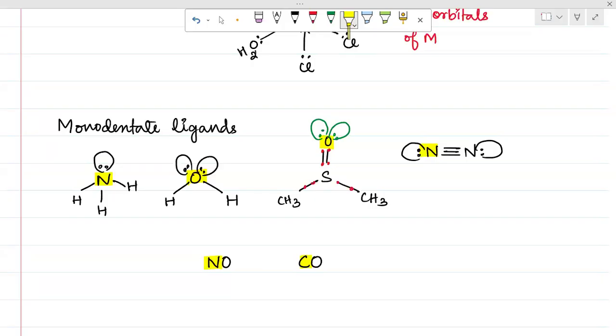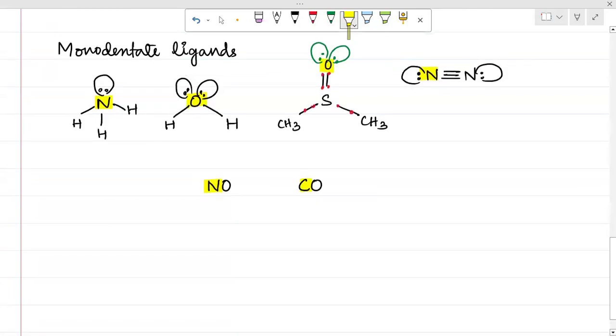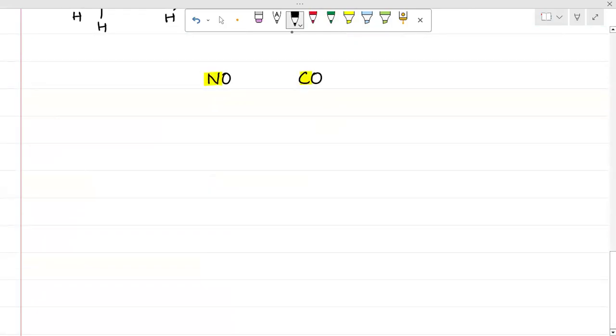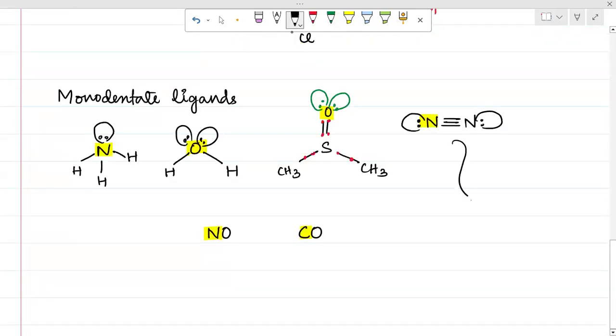Ligands can also be charged. We said about the coordination sphere, which can be neutral, anionic, or cationic. Ligands can also be charged. Why would they be charged? To gain the complete octet. These are all examples of neutral monodentate ligands. Correct. There are charged ligands also.